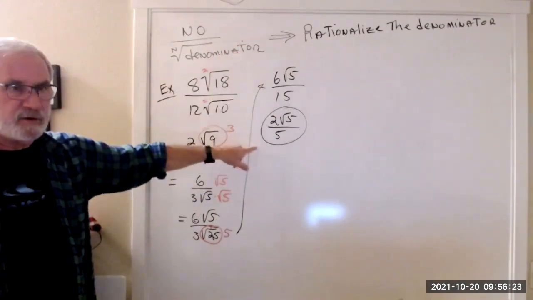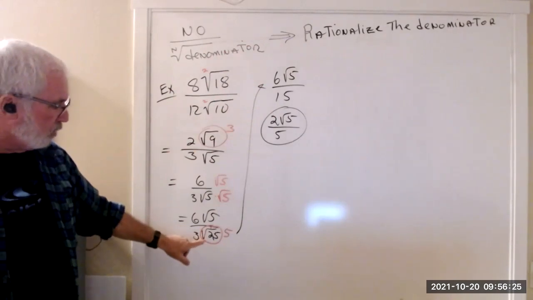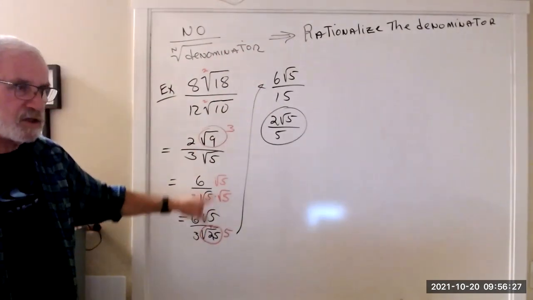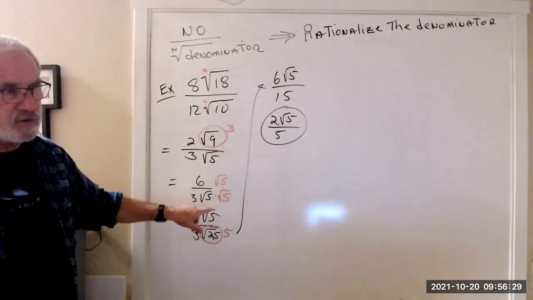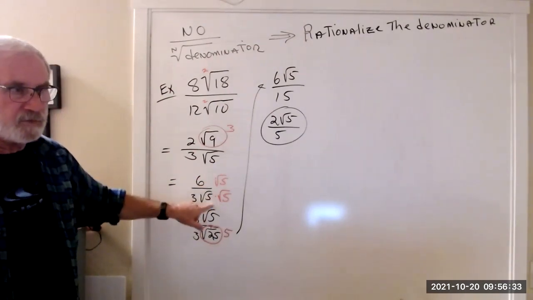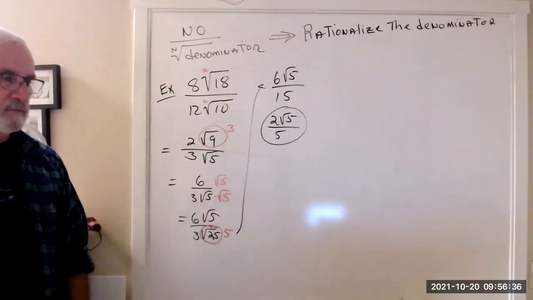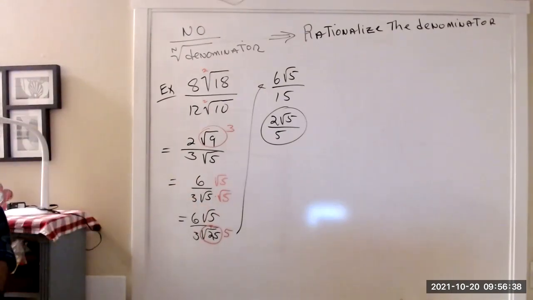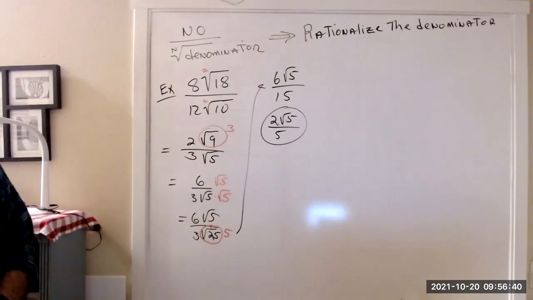Rationalize the denominator. And when it was a square root, it's real easy to fix it. Real easy to fix it. Just multiply the denominator by itself. So any questions on that example?